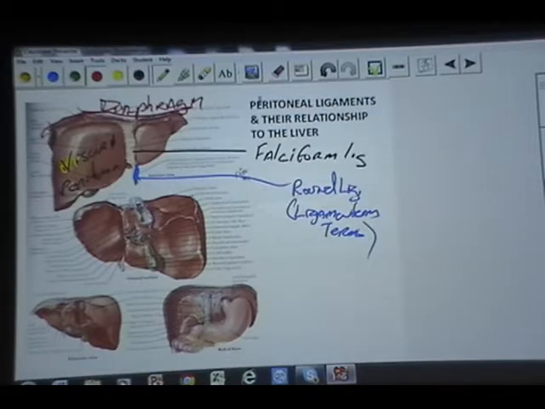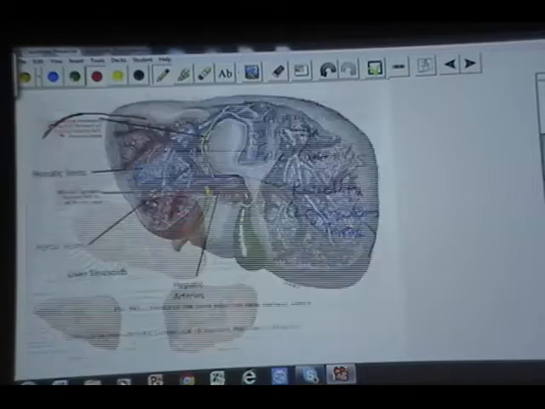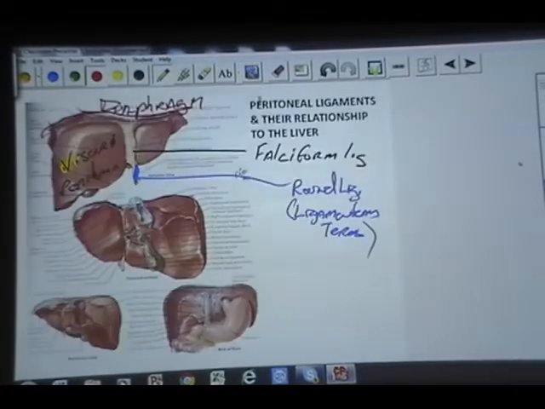Two of them we can see here on the outside, here and here. And these are called the left and right anterior coronary ligaments.